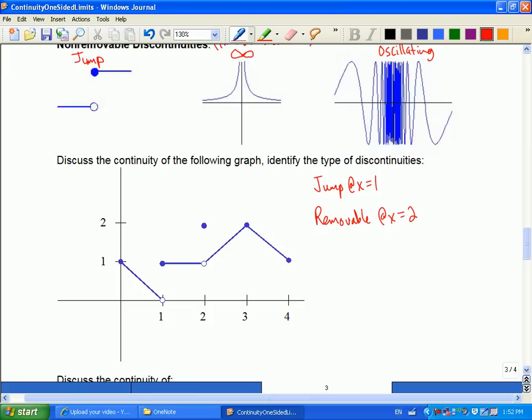Any other problems? Discontinuous anywhere else? Have I made you nervous? Yeah, there's no other problems there, right?